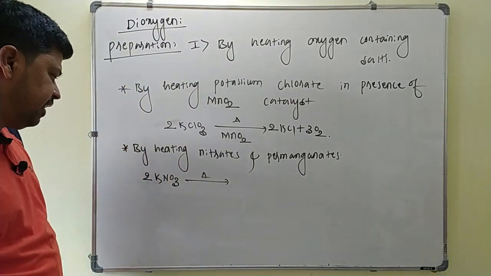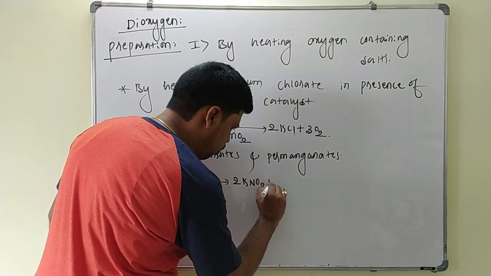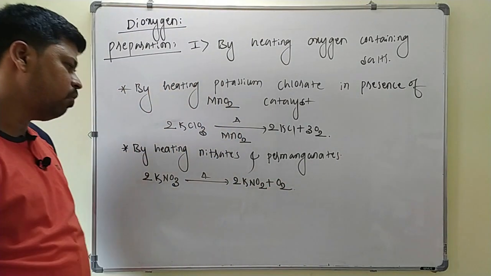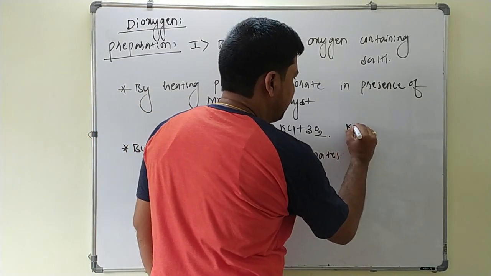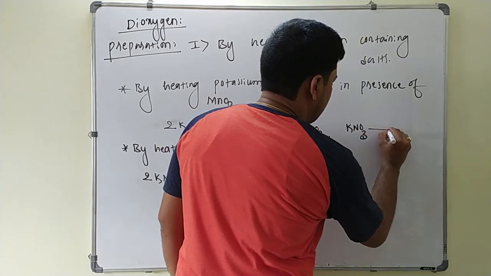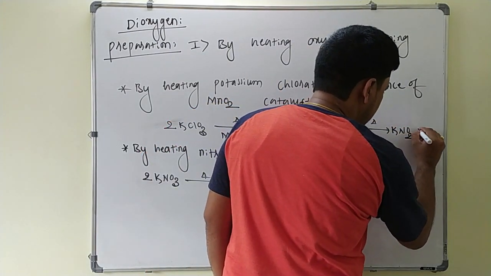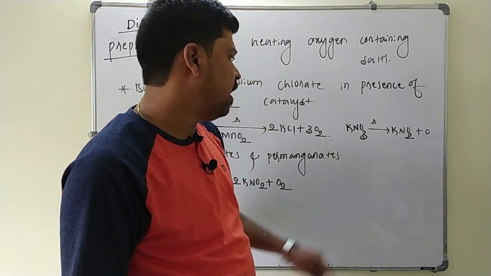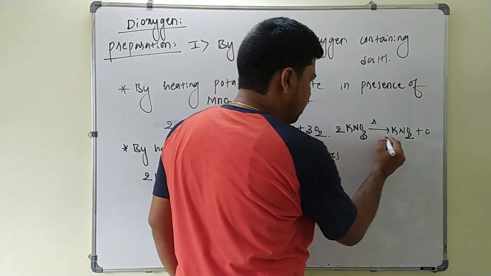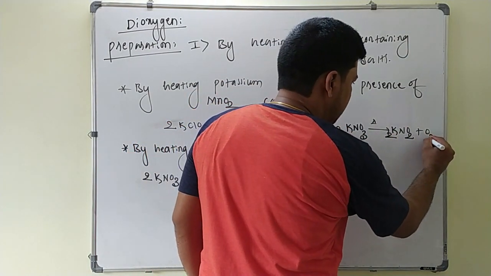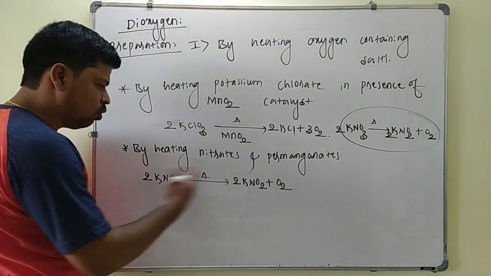This on heating will convert into 2 times KNO2 plus O2. Simply you can write like this. Suppose I take KNO3, on heating it converts into KNO2, and it is giving 1 oxygen. So we have to write oxygen always in the molecular state. That's why we take 2 moles. 2 oxygens are coming outside, so we write O2. This is the logic behind taking 2 moles here.